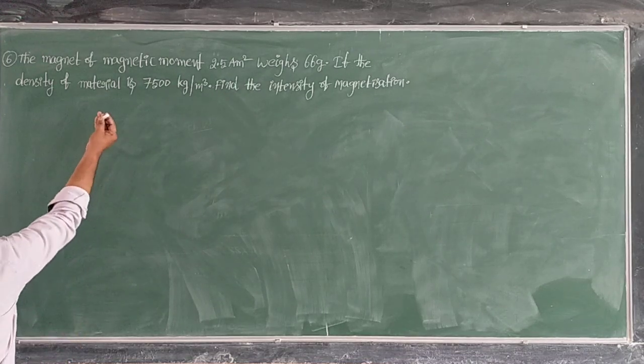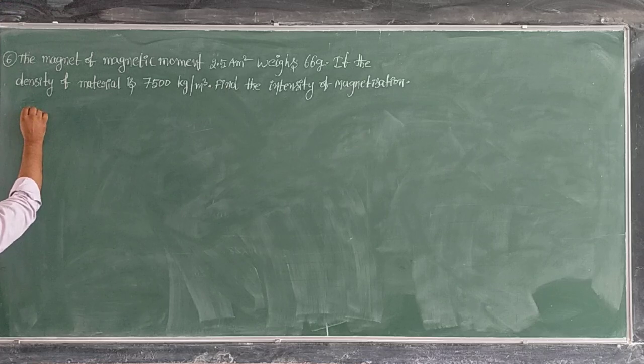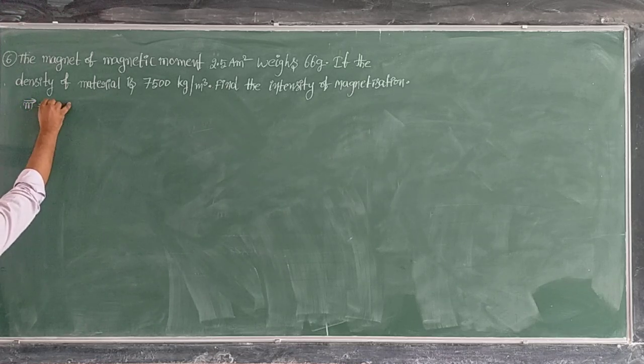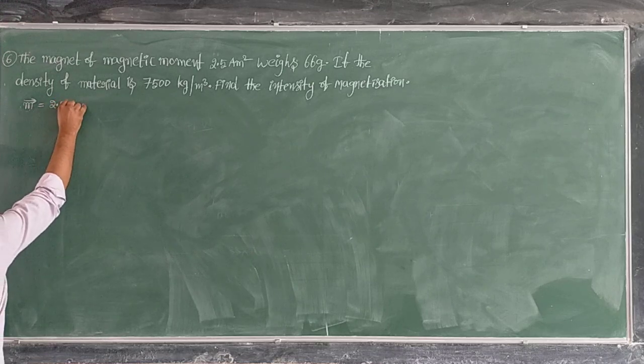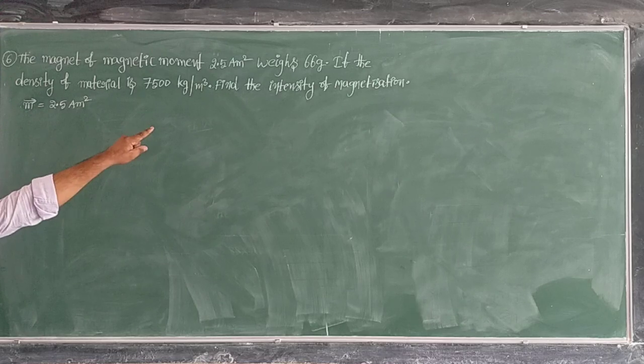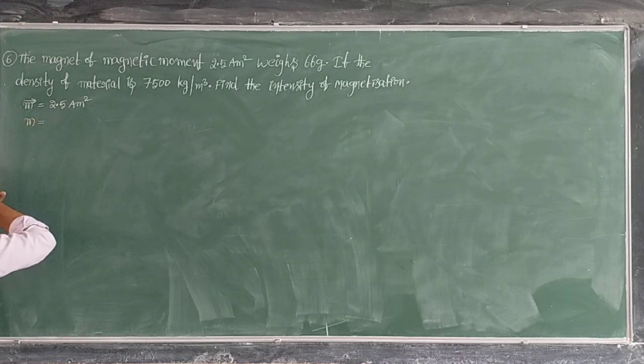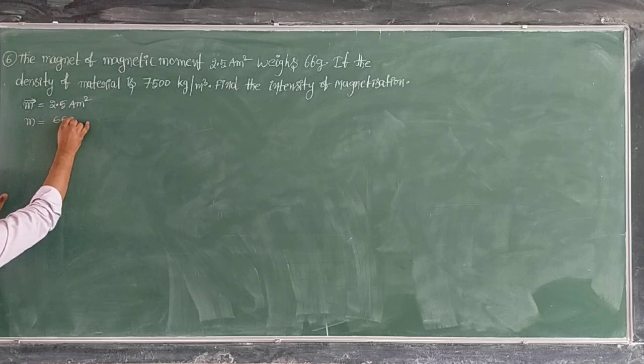Now, write the given things. The magnetic dipole moment of the given material is 2.5 ampere meter square. Next, it weighs 66 grams, so mass is also given. Mass is 66 grams.